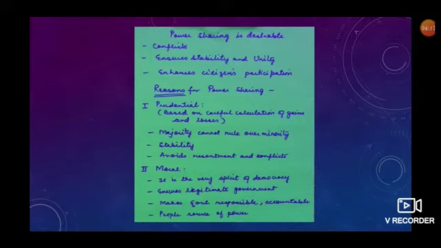Moral reasons are the second kind of reason for power sharing, and it is the very spirit of democracy. That means the existence of democracy lies on the shoulders of appropriate power sharing. It ensures a legitimate, responsible, and accountable government.